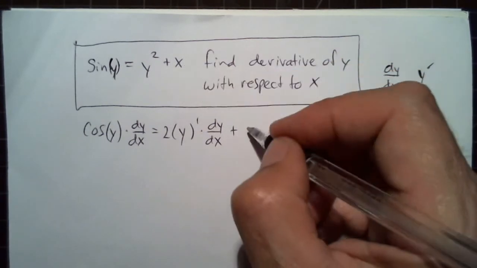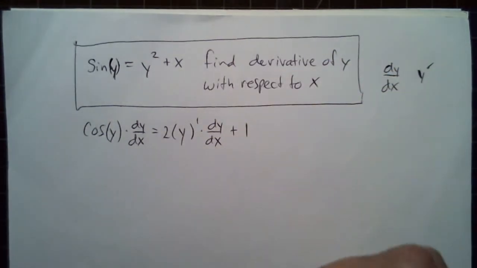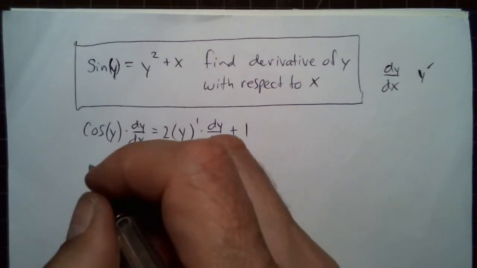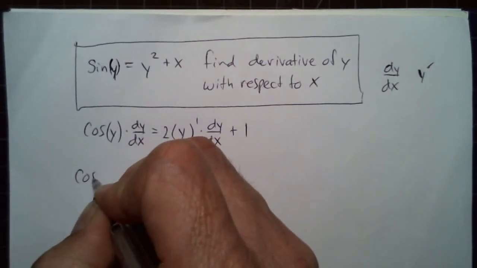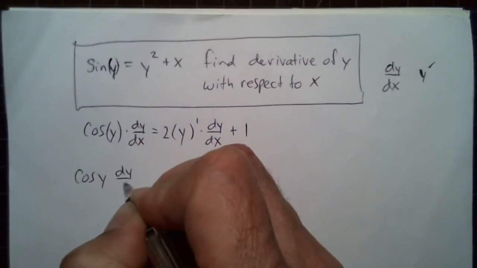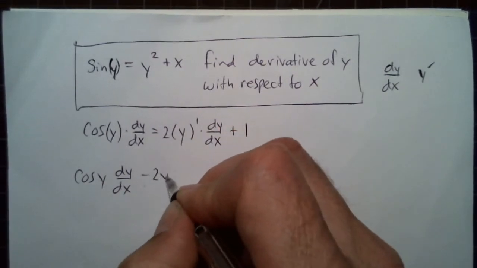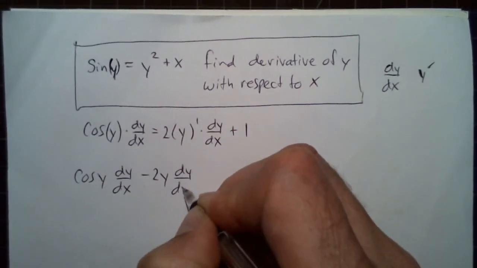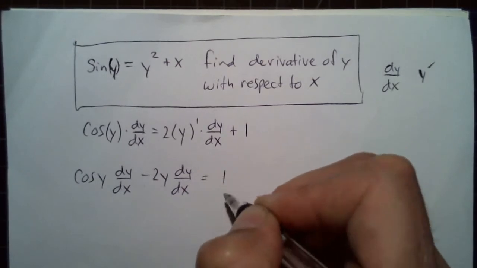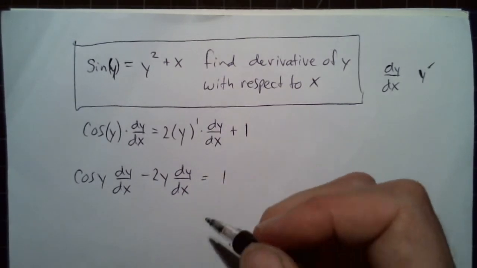The power rule gives you 1, and we need to have dy dx on the same side. So cosine y dy dx. We're going to subtract this, minus 2y dy dx equals 1.